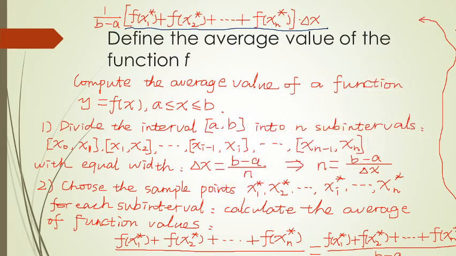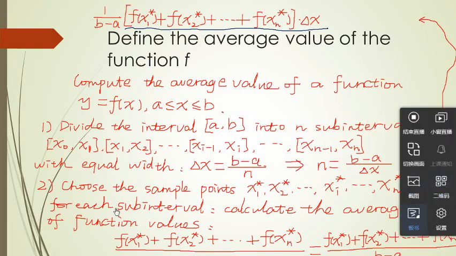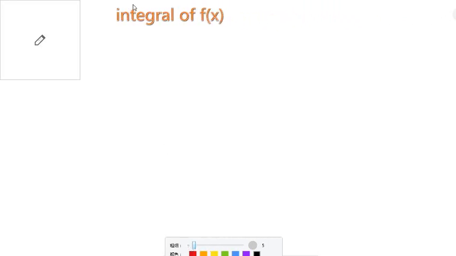So let me just use one more slide. Let me rewrite here. We continue from the expression 1 over (b minus a), and we flip the delta x.